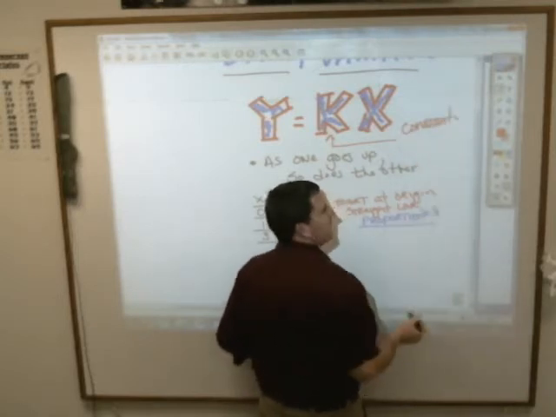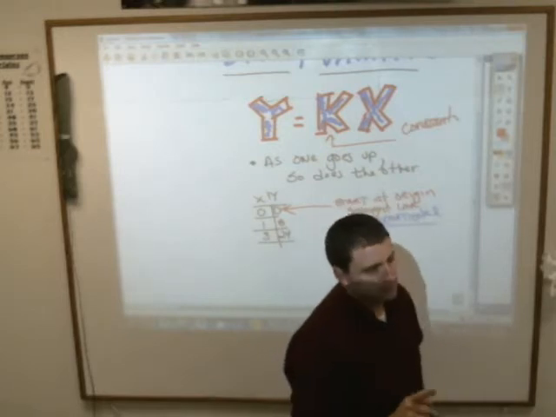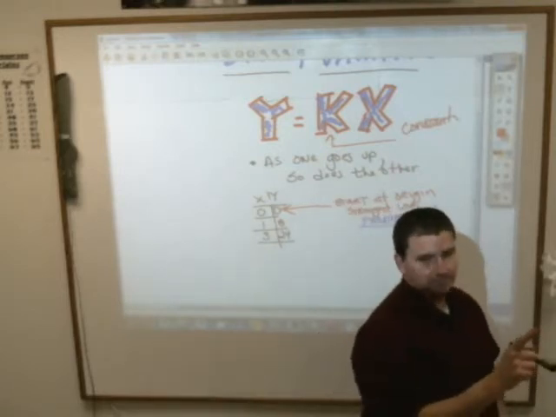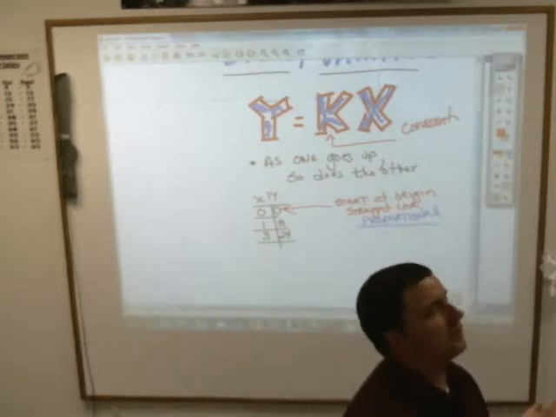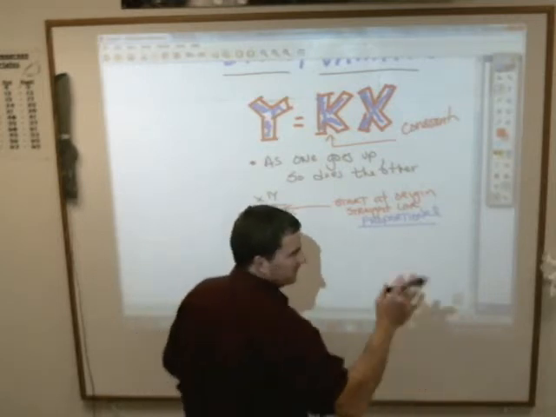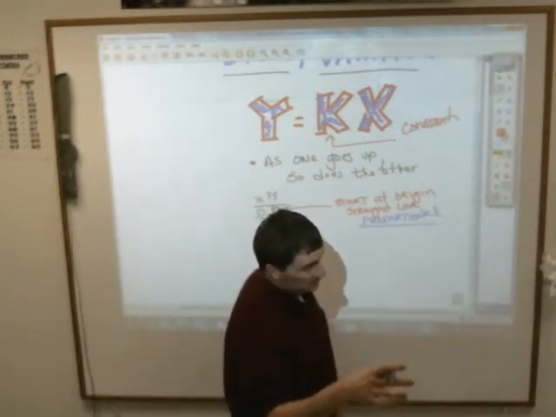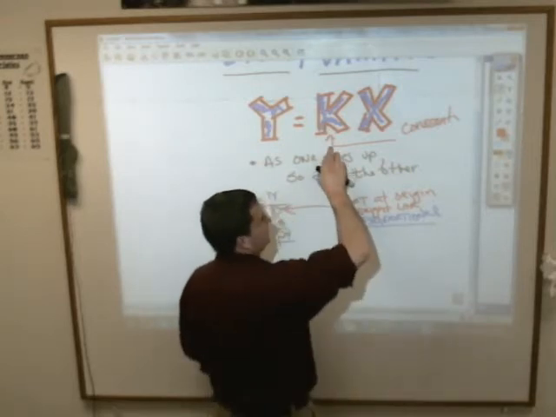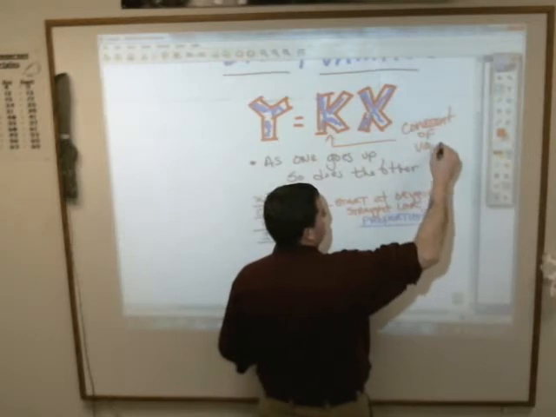No, we already have C. C in math is taken up with the formula E equals mc squared. C is the speed of light. When you see the letter C in math, it's reserved for talking about the speed of light. Not that it can't appear in other places, but that's generally how it's set. Just like slope is the letter m, generally speaking. The letter k is the constant of variation.